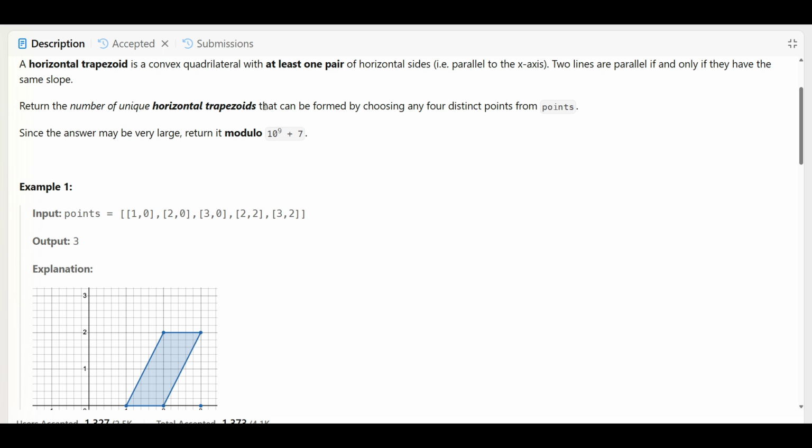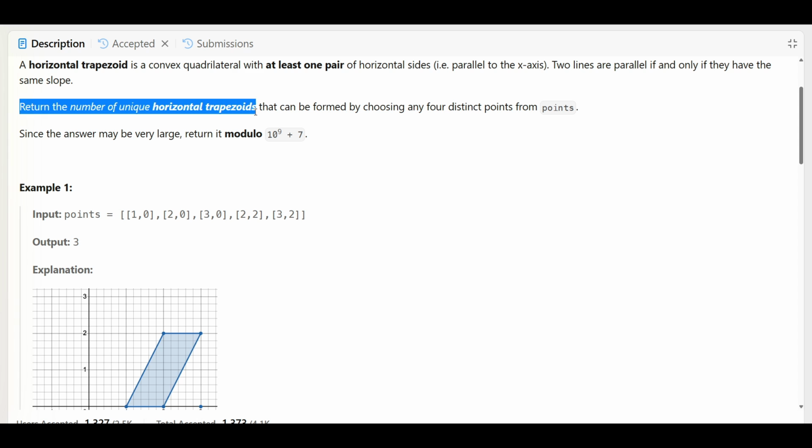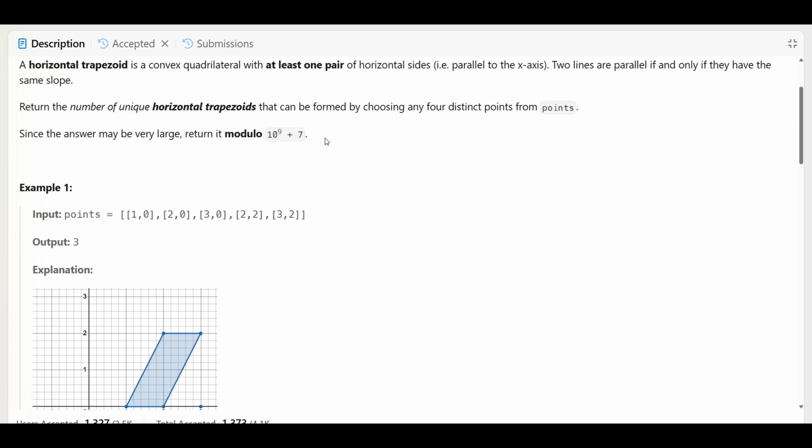Coming to the question, you have been given the points, and this information is saying two lines are parallel if and only if they have the same slope. It is saying return the number of unique horizontal trapezoids that can be formed by choosing any four distinct points from the points, and it may be large, so you just take the modulo.